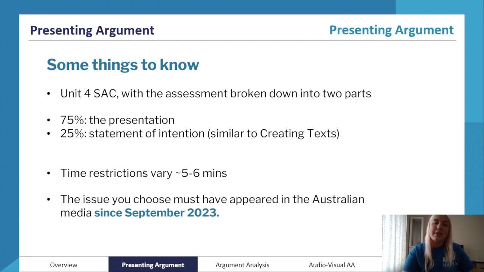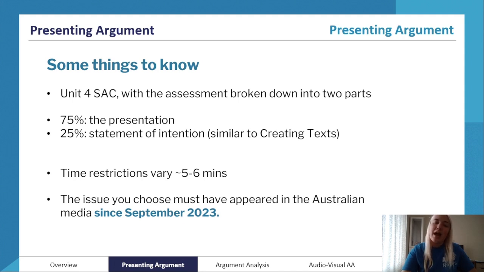So it's your unit 4 SAC, and the way it's split basically is you get 75% marks from the actual presentation, from the oral itself, and then you get 25% of marks from your statement of intention or your written explanation, which is very, very similar to creating text. The written explanation you write there, it's basically the same thing.